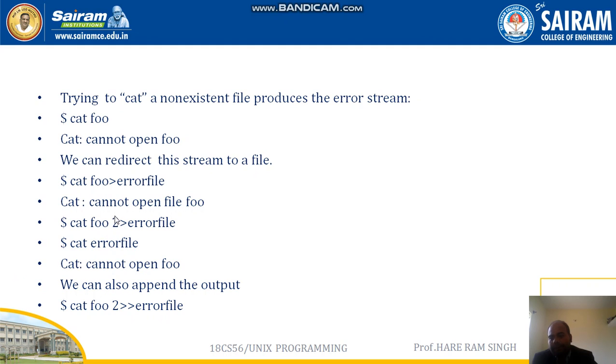If there is any error, suppose foo is not present and you want to open it, then that error message will be transferred using this error file descriptor, which is 2, to the error file. Now if you want to see the content of the error file, you can write cat error file. So cat cannot open file. The error message which was supposed to be displayed on the screen has been transferred to the error file.